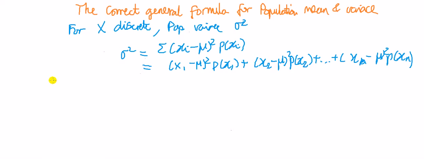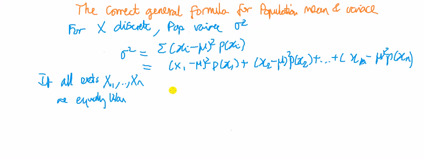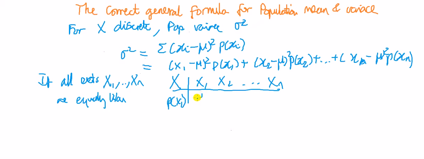Now if all the events, big X1 to big Xn, are equally likely, it must mean we have something like this. Let's say X1, X2, these are the outcomes, and the probability of each of these outcomes, since they're all equally likely, and say we have big N of them, must be 1 over n for each one.